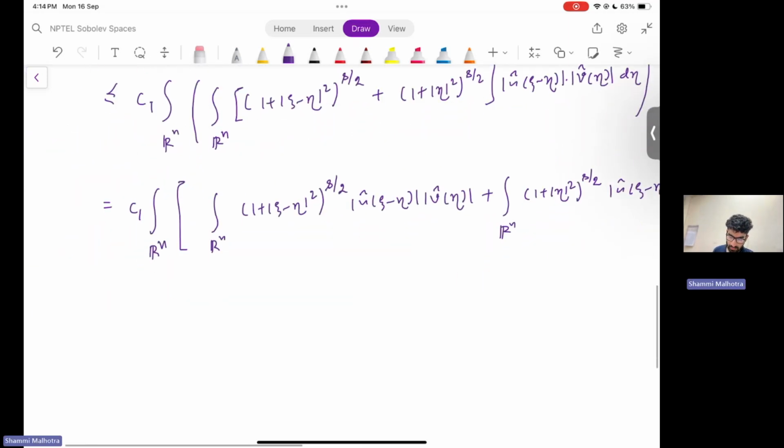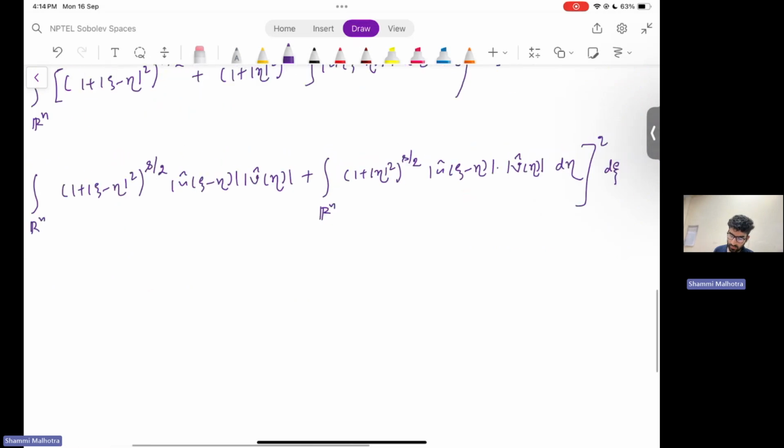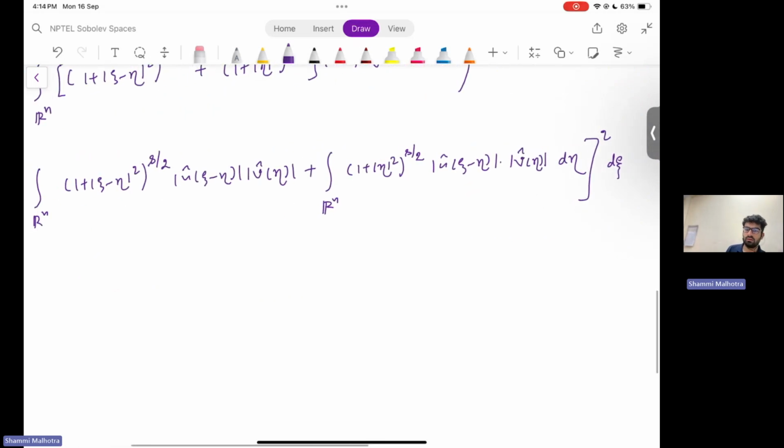So finally, what we can do now is open the square and again apply the AM-GM.